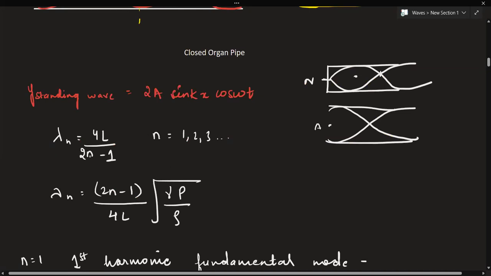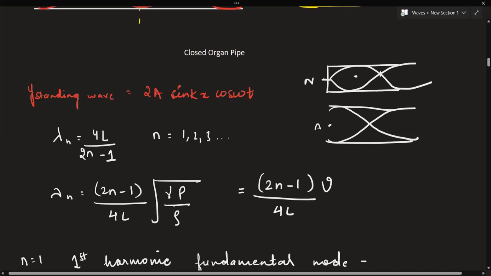So we can keep on putting the values of n. If we put n equal to 1, it will be 4L. Then n equals 2, it will be 4L by 3, and so on. And the frequency formula is 2n minus 1 divided by 4L, and we can also write the velocity in this case. And what is velocity?